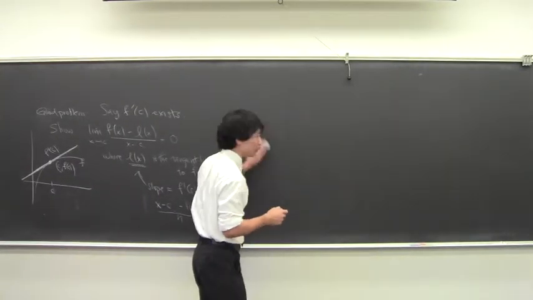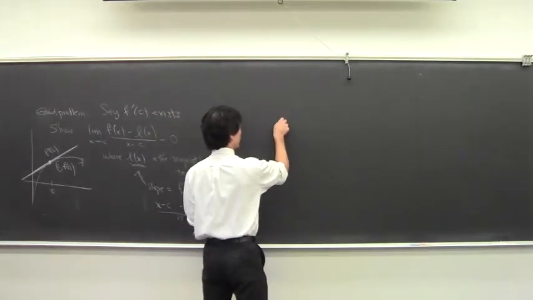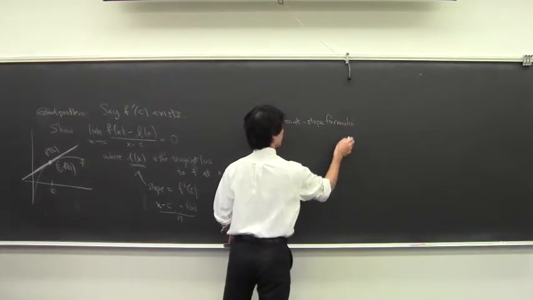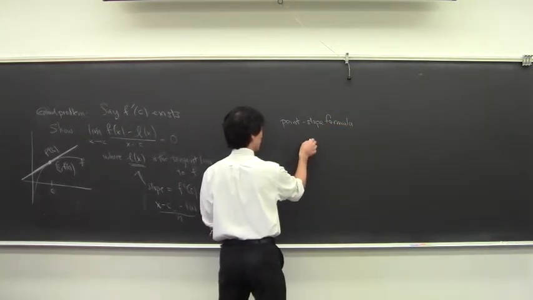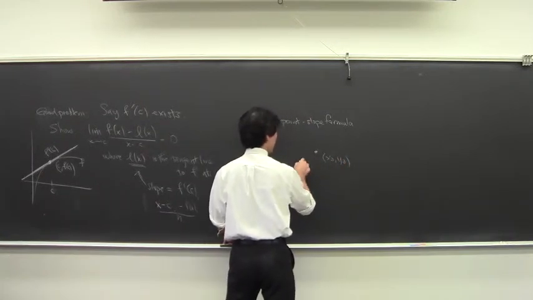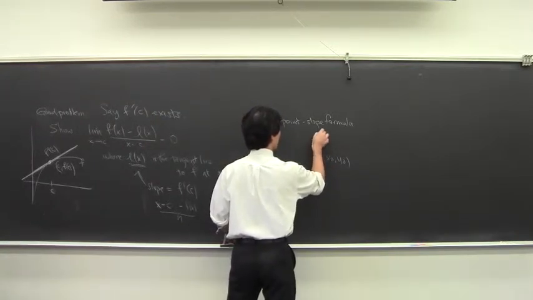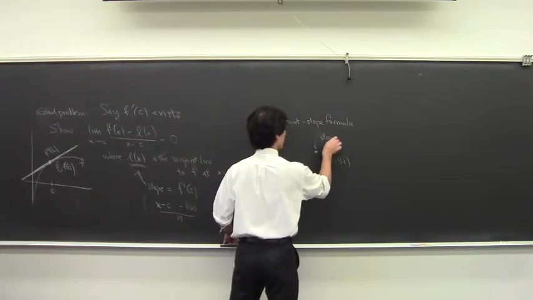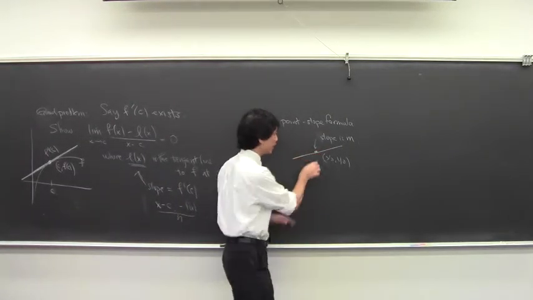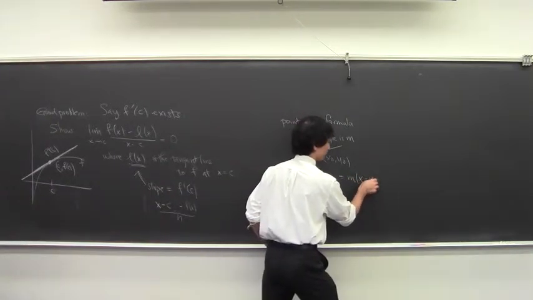Well, don't worry. Just remember we have the point-slope formula, which says that if you have a point x naught, y naught, and you know the slope is say m, and you have some line, then the equation for the line is y minus y naught equals m times x minus x naught.